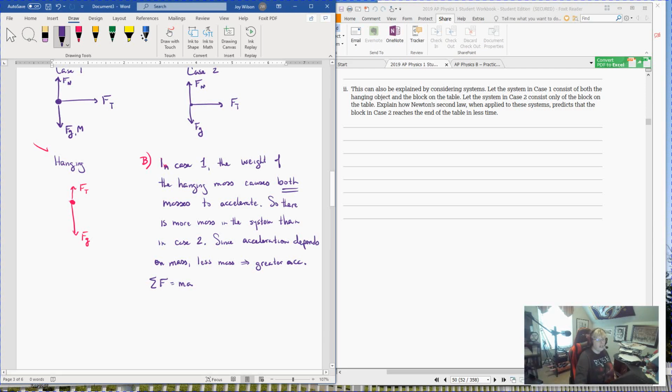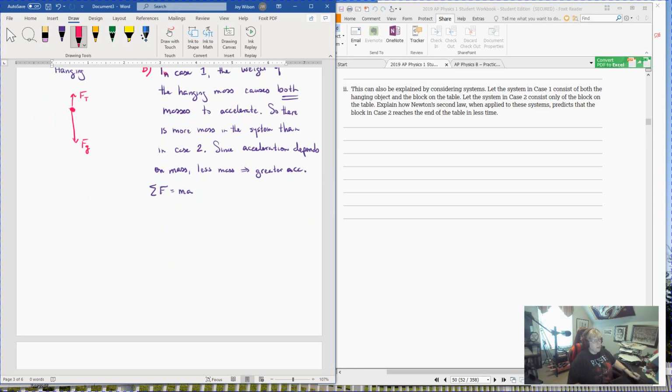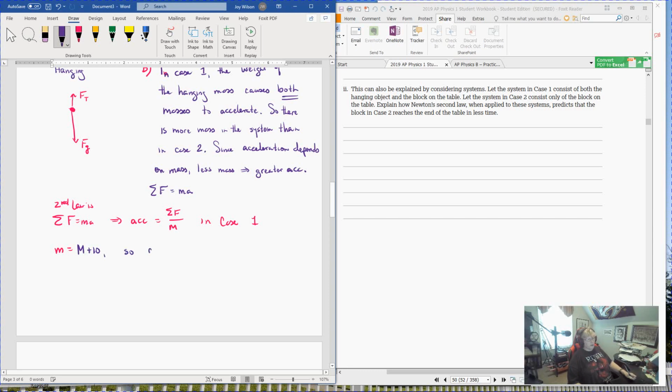So here's part C. Newton's second law is force equals mass times acceleration. So acceleration depends on net force divided by mass. In case 1, the mass equals little m, equals capital M plus 10. So a equals 98 newtons over M plus 10.